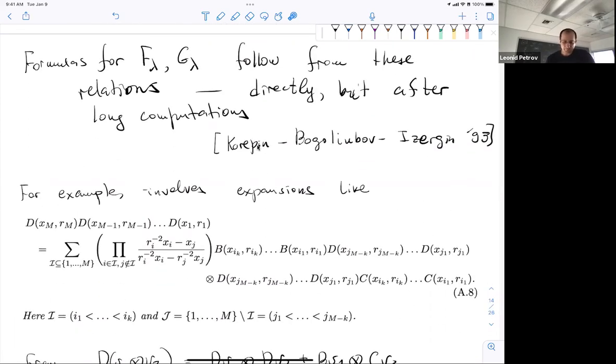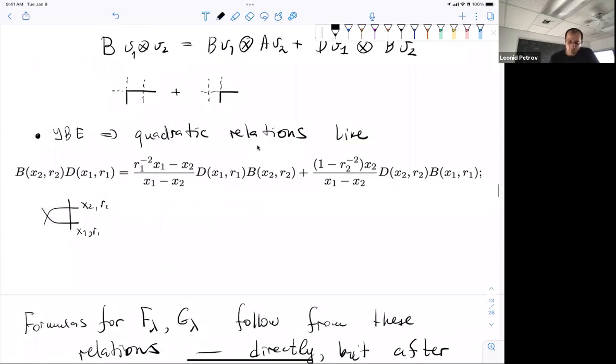For example, if I want to compute f, then I take my lambda. This is lambda, and this is E naught tensor E naught tensor E naught.